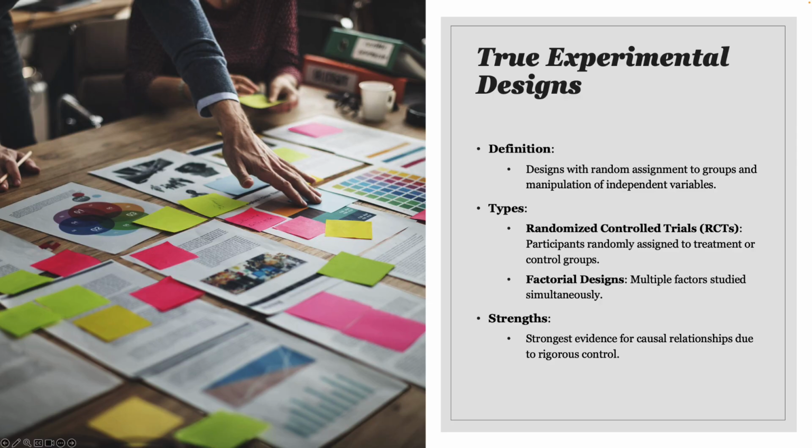We did not have this systematic manipulation and control. So this type of design is characterized by random assignment of participants, which is very, very important, to different conditions. And this enables researchers to control for potential confounding variables that could impact the results. So we did talk about confounding variables.